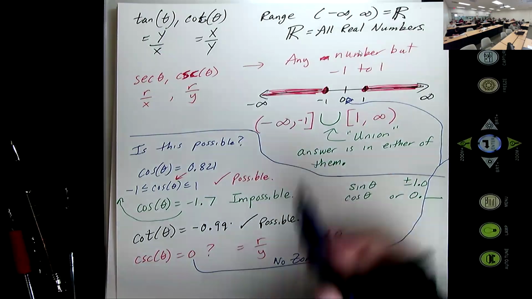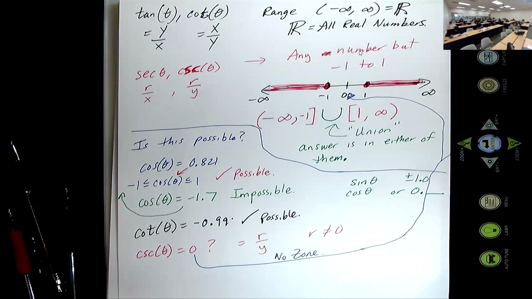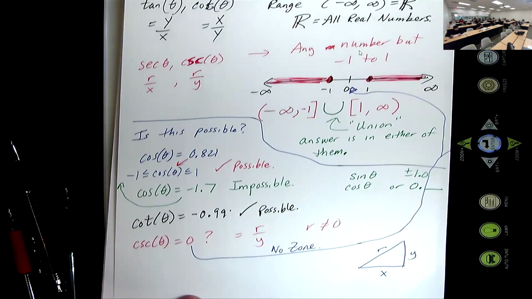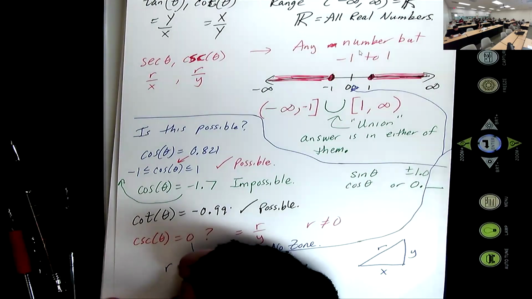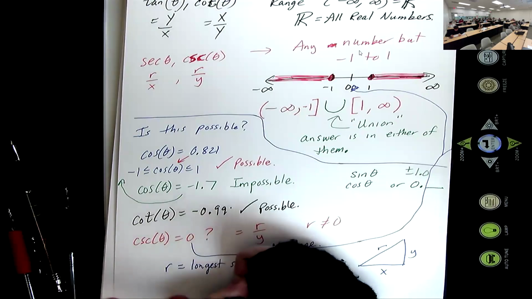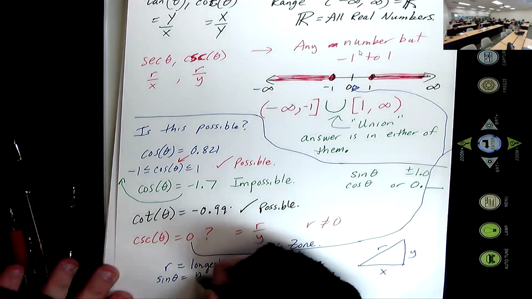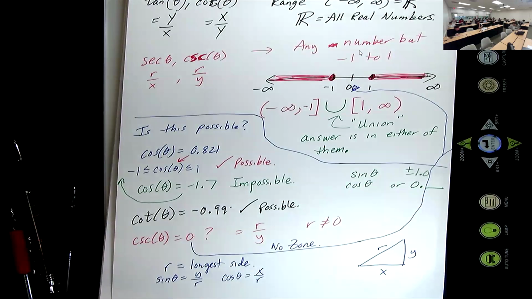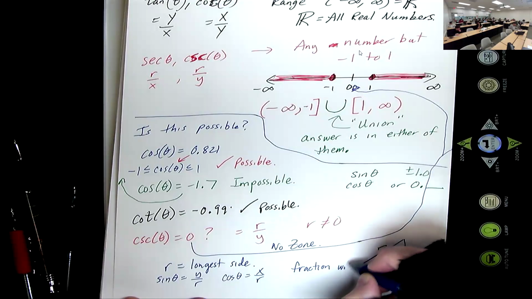A handy way to remember that these have to be bigger or outside of 1 is to remember the triangle looks something like this. Looking at the triangle, r is always the longest side. So sine theta being y over r, and cosine theta being x over r, we have a fraction with the bigger number on the bottom.